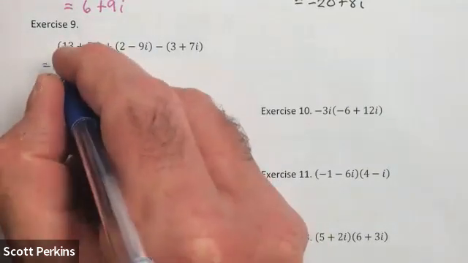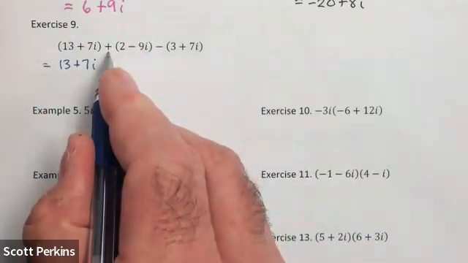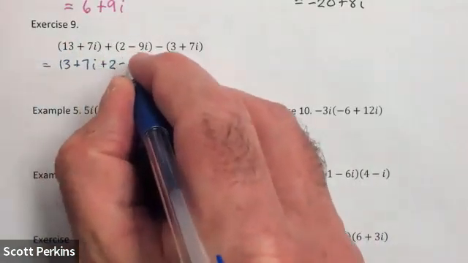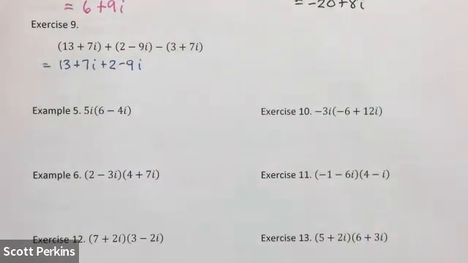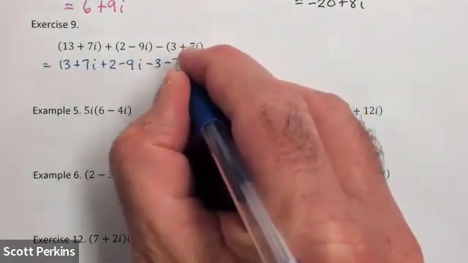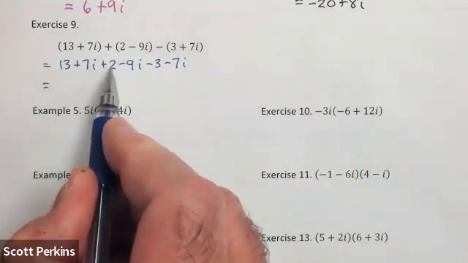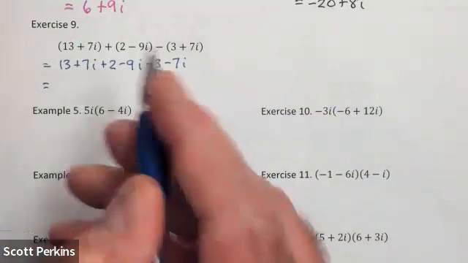Okay, so the first number is not going to change, 13 plus 7i. Since this is a plus, the next one is not going to change, 2 minus 9i. Now I've got the minus, so I've got minus 3 and then minus 7i. There we go. And now I'm going to add my reals, add my imaginaries. So my real parts, 13 and 2 is 15, and 15 minus 3 is 12.